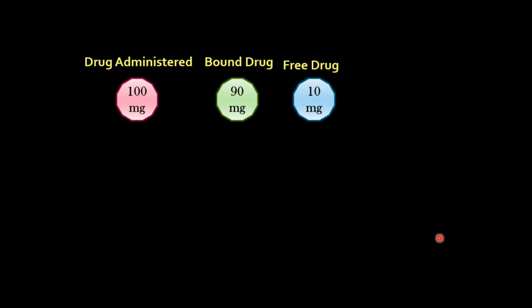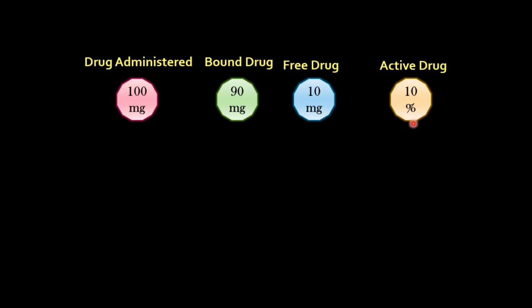So if we define it in fractions or percentage, we can say that 90% of the drug is bound with the plasma protein, and 10% of the drug is the free drug, and it is the active drug. Now it is the duty of this plasma protein reservoir to maintain the fraction of the active drug in the systemic circulation.